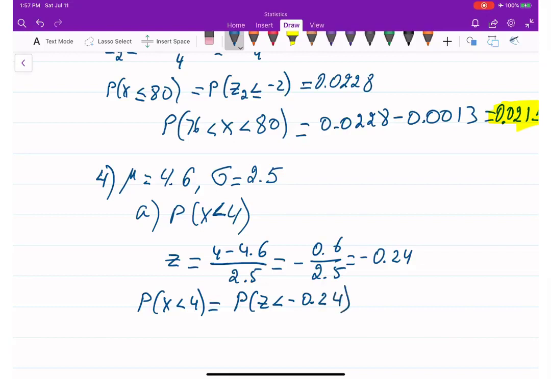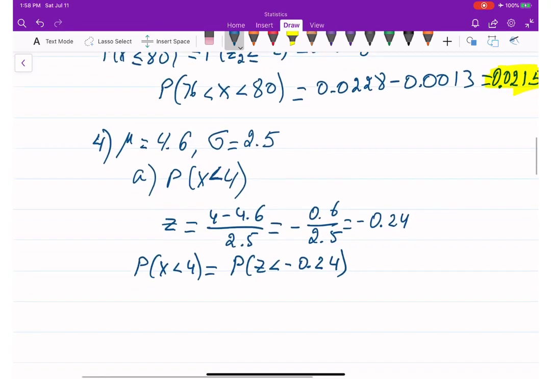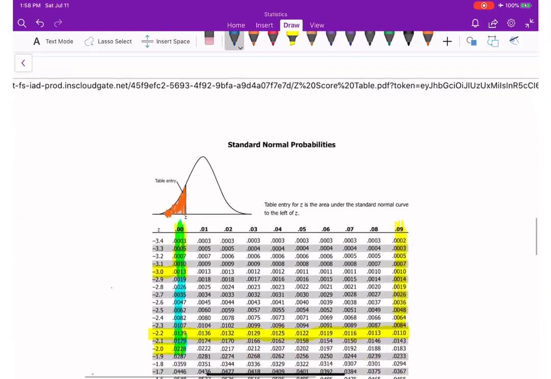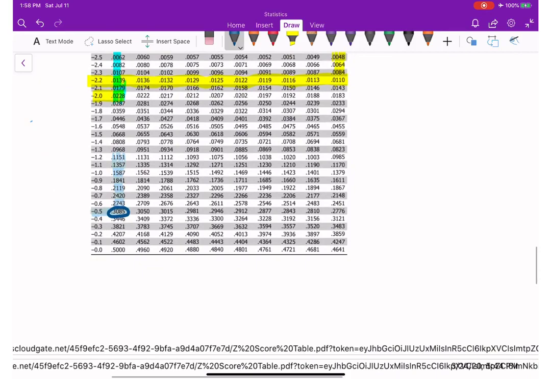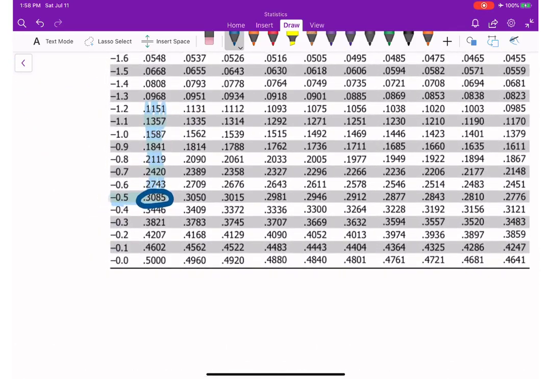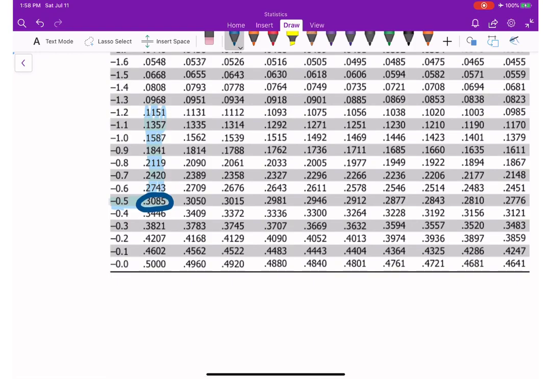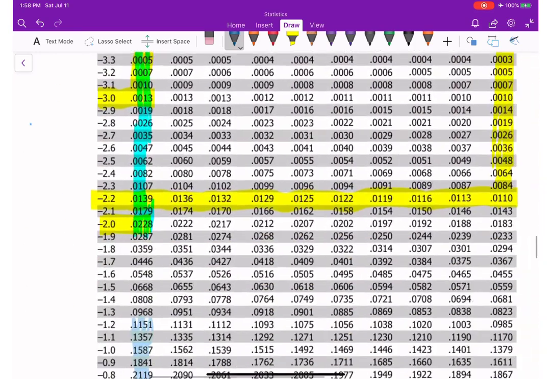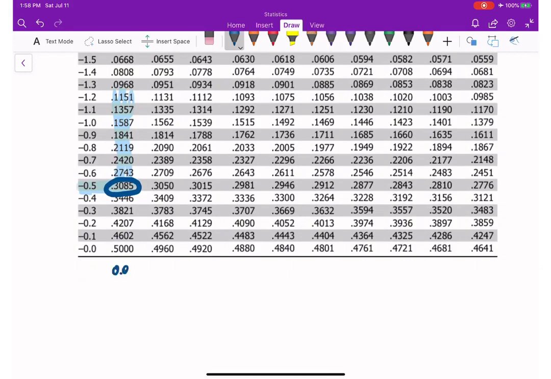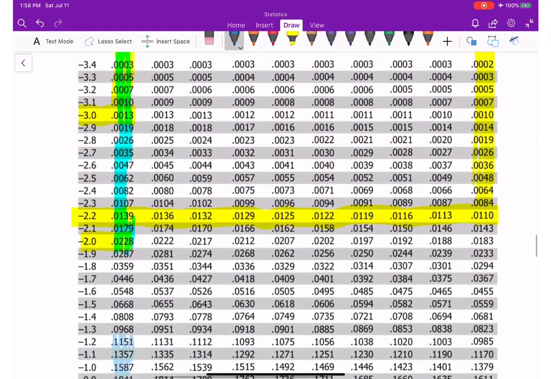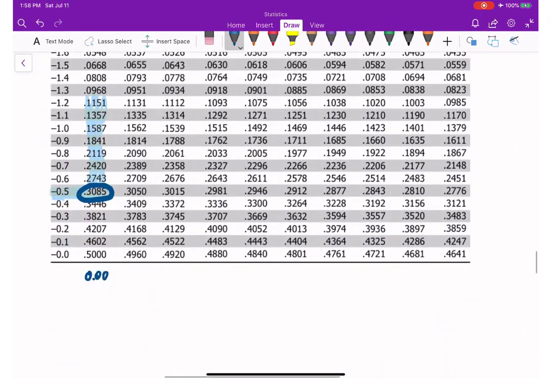Because the Z-score always represents x, right? And we use the Z-score to have access to the table. As I said, the x value doesn't have direct access to the table. So that is going to be negative 0.24. Here it is, 2. Where is my 4? Let me write it down: 0.00, 0.01, 0.02, 0.03, 0.04.